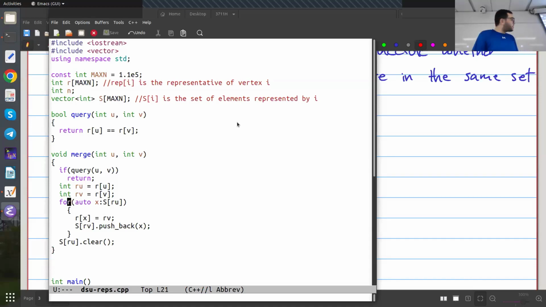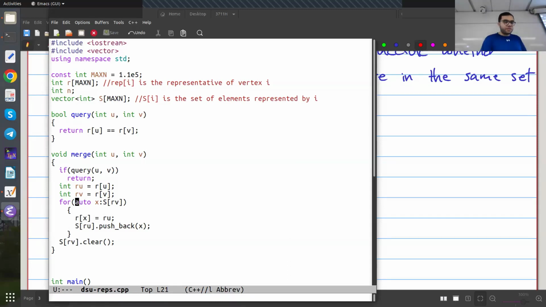So here, basically what I'm saying is that instead of going over every X that was in the same connected component as U and saying that now your representative is the representative of V, I can just say go over every X that was in the connected component of V and say that your representative is now the representative of U, right? This is symmetric. Both of them would work. But which one would I prefer?